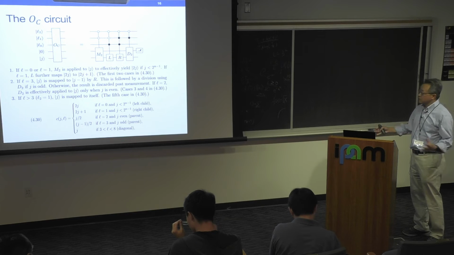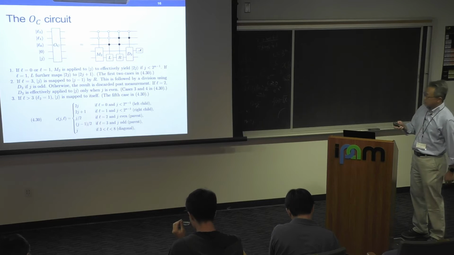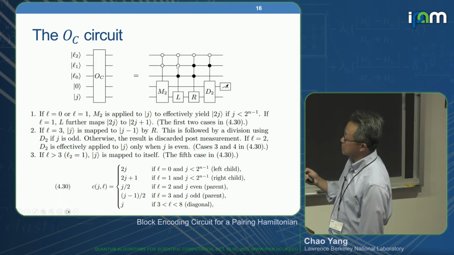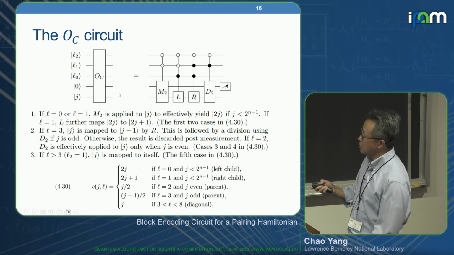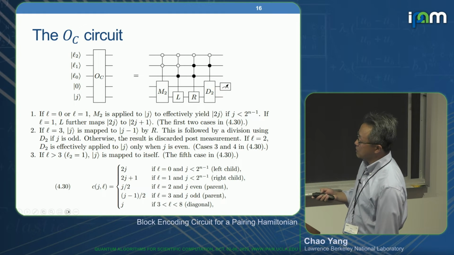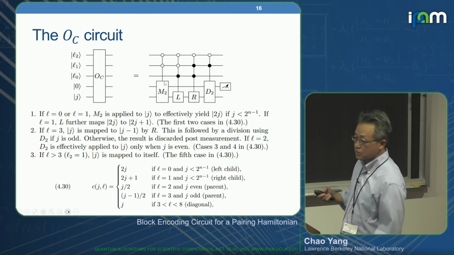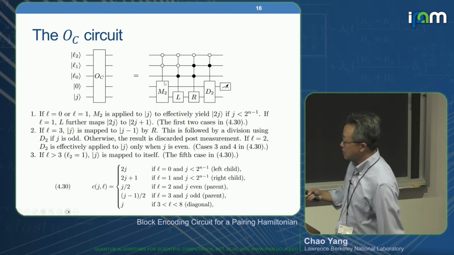So once you put all these things together, you can verify that the OC circuit can be constructed in this fashion. I'm not going to go through all these items; it's in the paper. Basically, depending on what L and J values are, you apply the right operation to get the non-zero matrix elements.